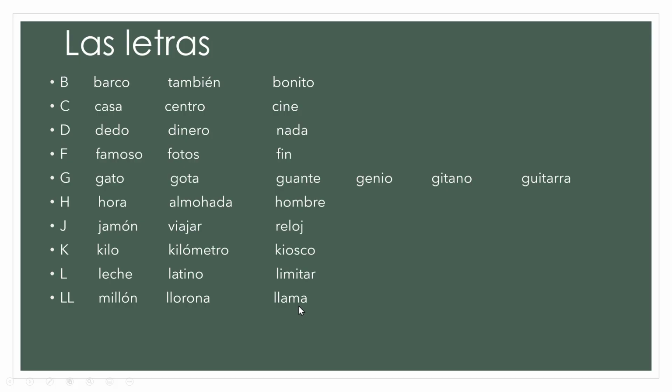So the double L sounds like almost like an L, but it has to last a little longer. Millón, llorona, llama. In other countries such as Mexico, it may sound more like a Y. Millón, llorona, llama. And you may do that if you'd like.